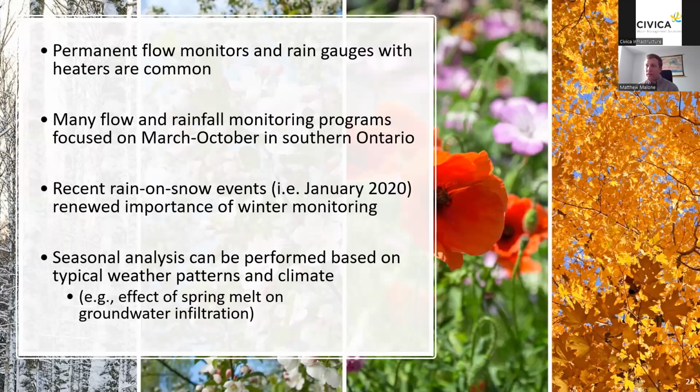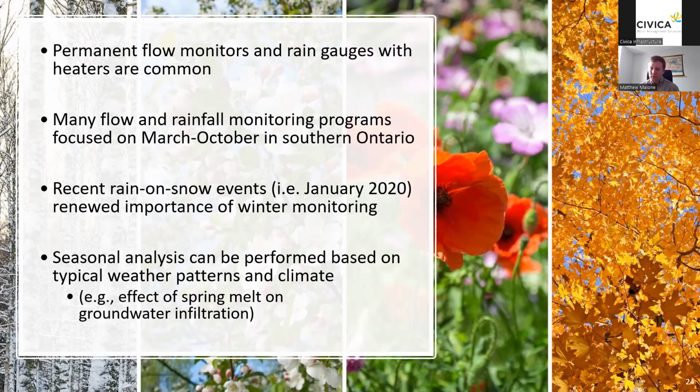We do see a lot of municipalities that have rain gauge networks that are operated throughout the course of the entire year. There are heated rain gauges. There are weighted rain gauges, which are a little less common, but there is the ability to manage a program throughout the course of the year.